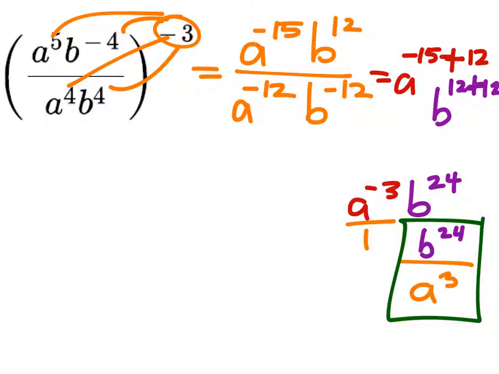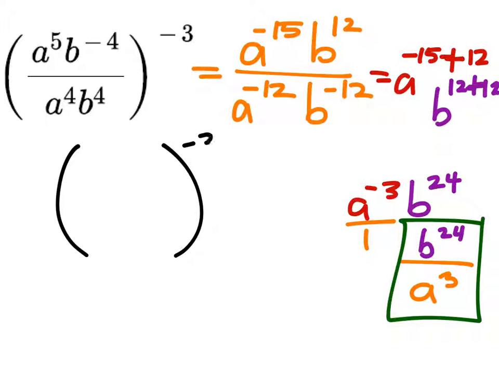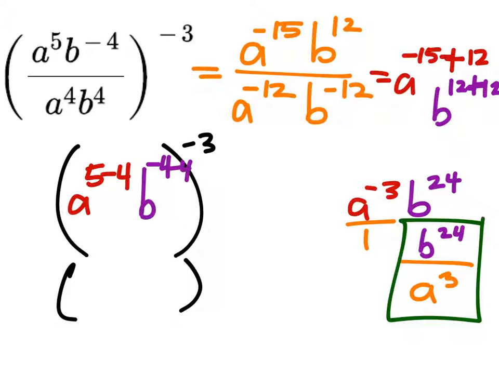The other way to do this would be to go back, and instead of distributing the negative 3 first, you can distribute it after you simplify whatever's on the inside of that set of parentheses right there. So, still a set of parentheses. We're going to keep that negative 3 exponent. But then I would have a to the power of 5 minus 4, and b to the power of negative 4 minus 4, which would be a to the power of negative 1, b to the power of negative 8, and this is all to the power of negative 3.